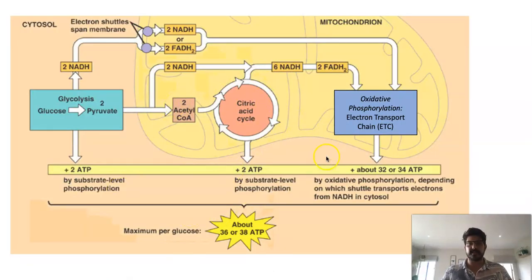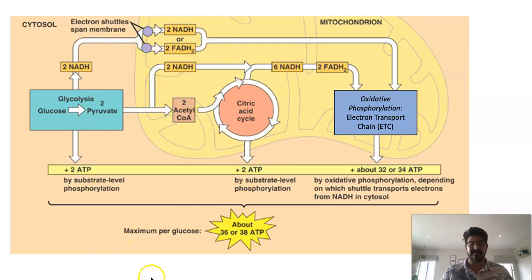So there's the whole process in action again, and I'll just point out up here that when you have the two NADHs that leave glycolysis, they can in fact use energy up getting into the mitochondria through these electron channels. Sometimes some mitochondria let the NADHs in pretty easily, but others really make them work for it.